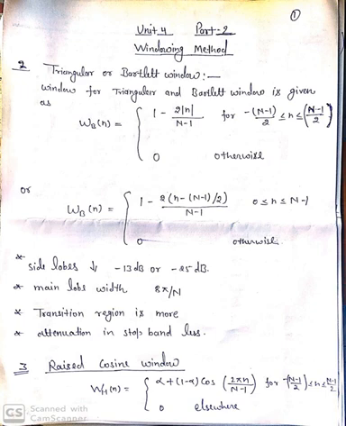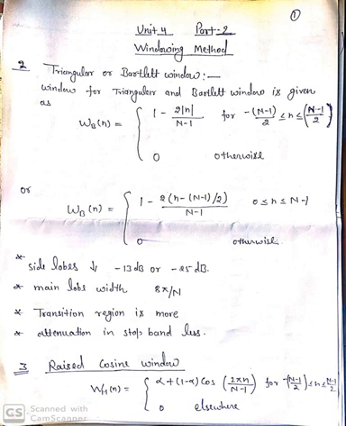So w_T(n) or w_B(n) equals 1 minus 2 mod of n divided by (N minus 1), for minus (N minus 1) divided by 2 less than or equal to n, which is less than or equal to (N minus 1) divided by 2, or 0 otherwise.